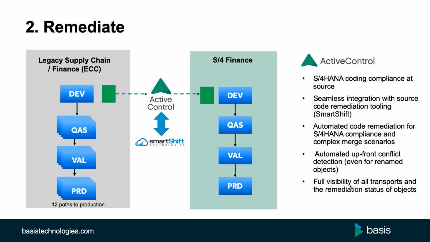But on a going basis, we can also integrate our active control solution with Smart Retrofit from SmartShift that allows for more automation of the code comparison between ECC and the remediated S4 code, that in turn can allow more of that activity to be performed automatically, and to ensure that the changes that are necessary in S4 are not being wiped out by a new version of that object coming across from the ECC system.